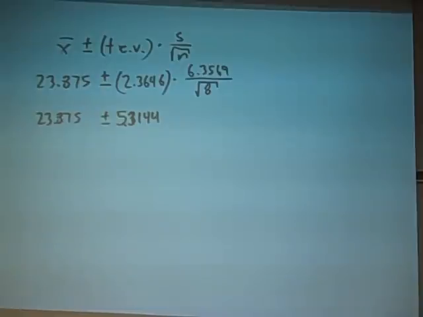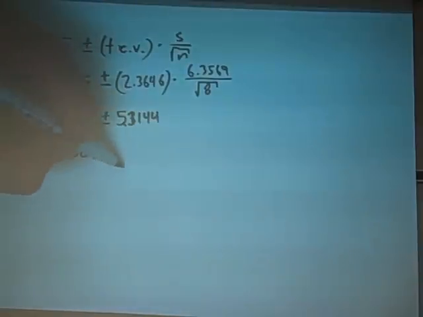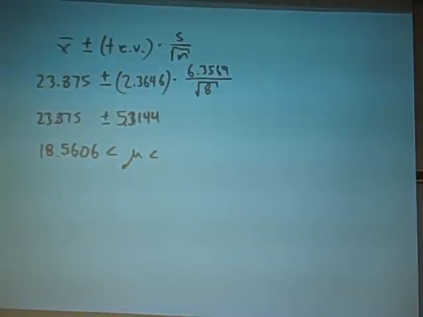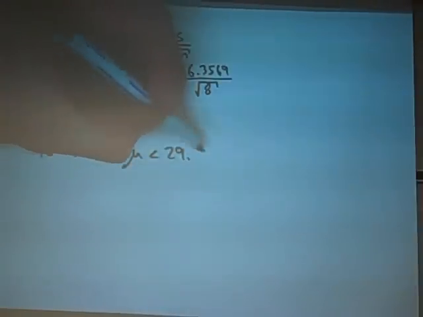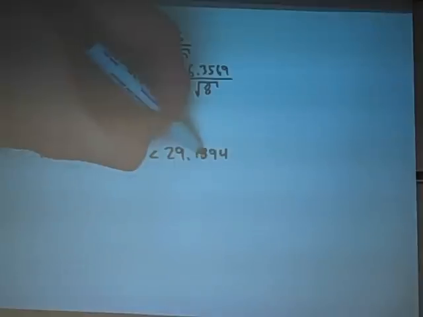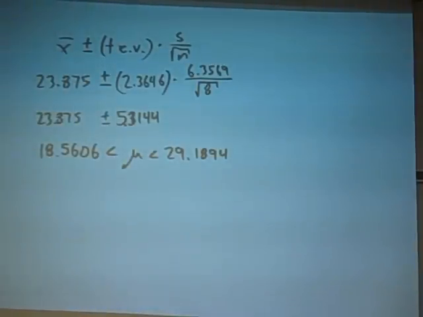And so our confidence interval, if I'm doing my calculations correctly here, is 18.5606 up to 29.1894. So that's our 95% confidence interval.